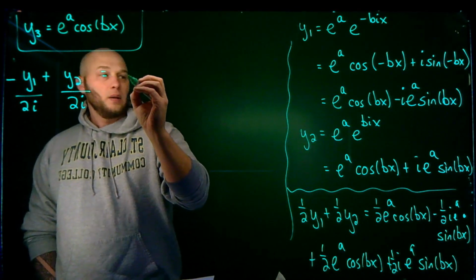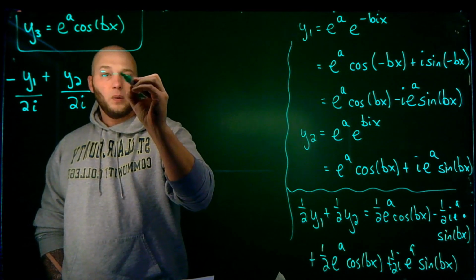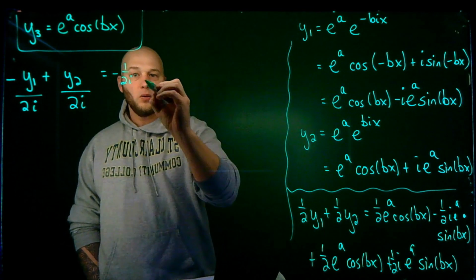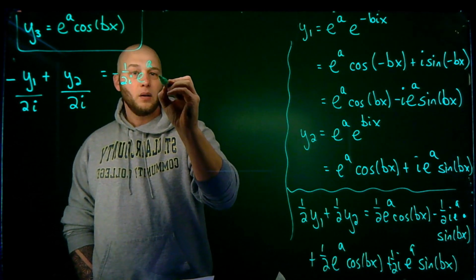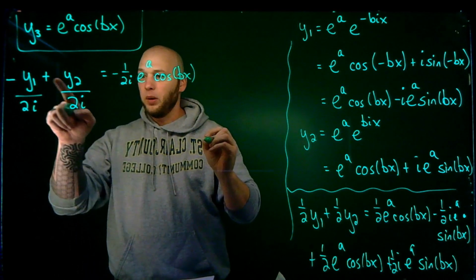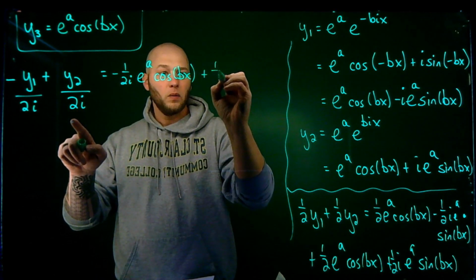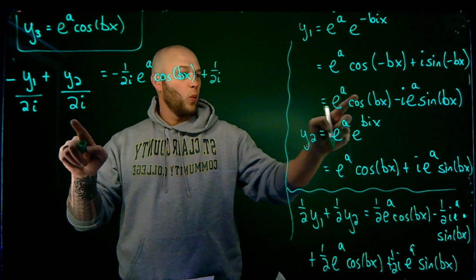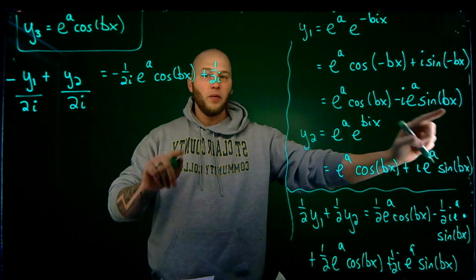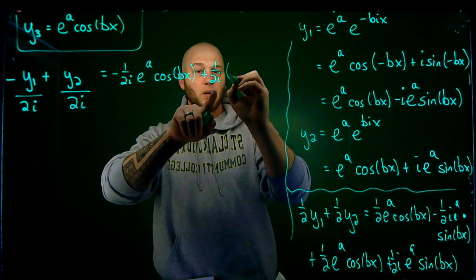This would be negative 1 over 2i times y1, so e to the a cosine of bx, and then the second part of that, which is negative i e to the a sine of bx.